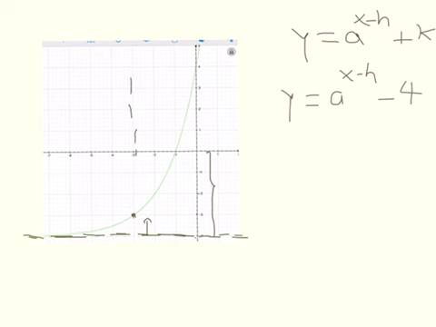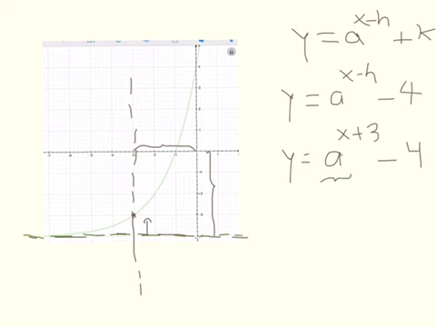So we can assume that the graph is moved. How many units is it moved? According to the original y-axis, it is moved 3 units to the left. So this h is going to be positive 3, because the horizontal movement is opposite to the sign. So this will be a to the x plus 3 minus 4. The only thing that is missing is the a.